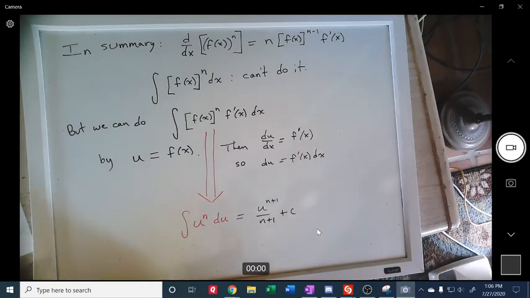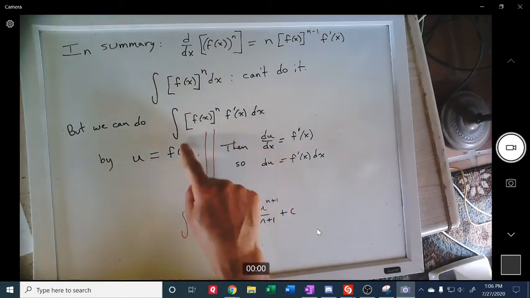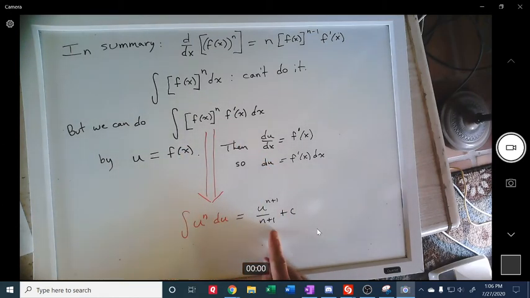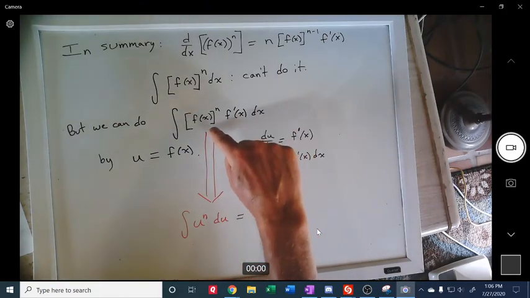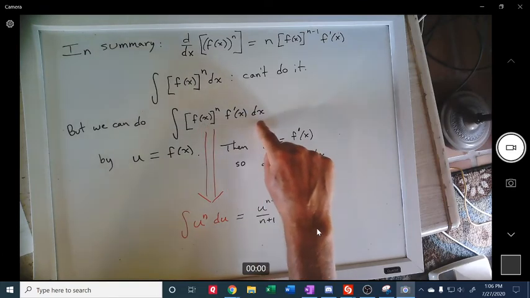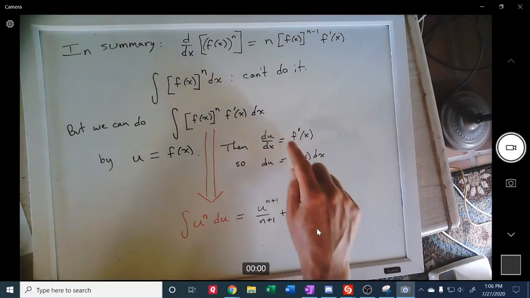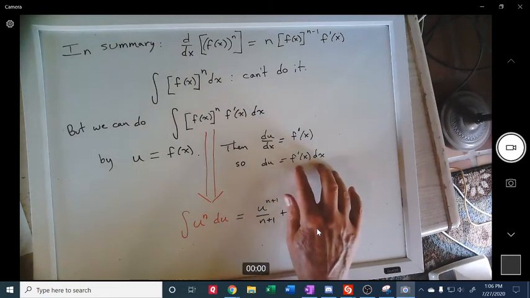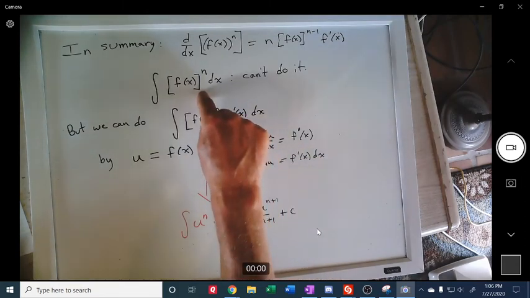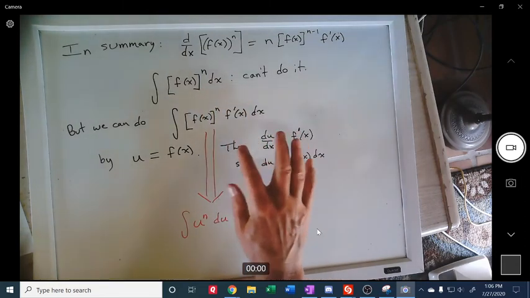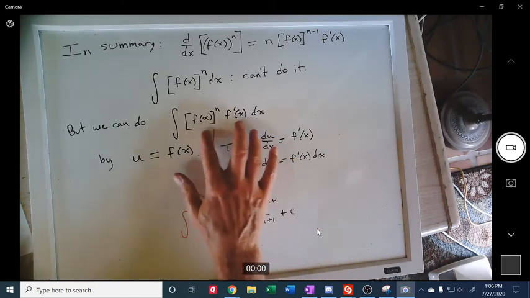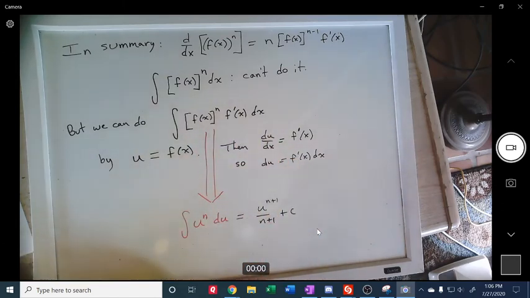The u substitution will allow us to rewrite this nice and simply, and it's going to force this. If you can't get it to look like this, then you probably had a problem like this, and you just can't do it. But if you can do it with the u substitution, we'll be able to get our answer.